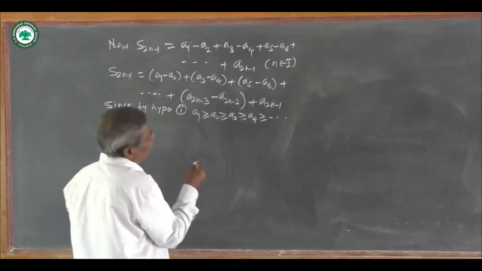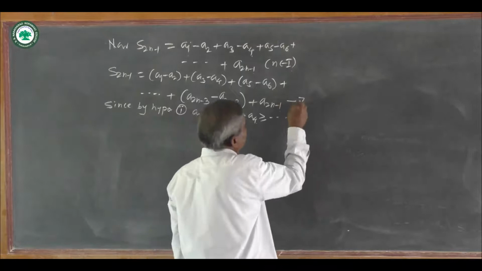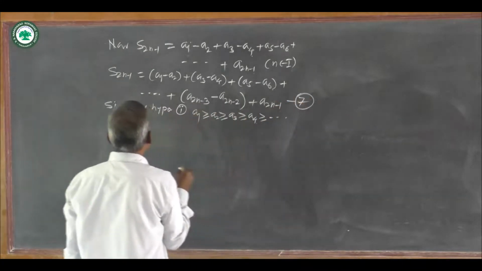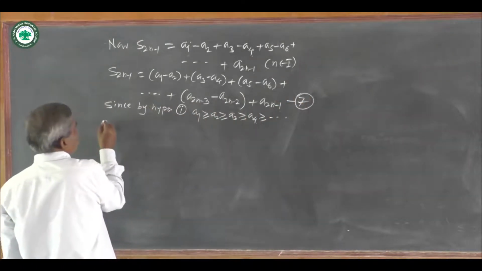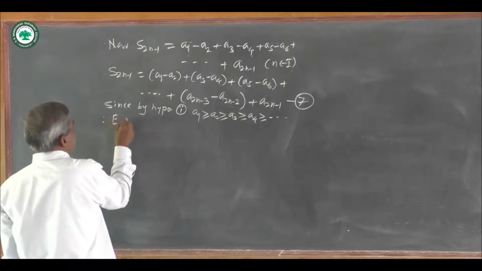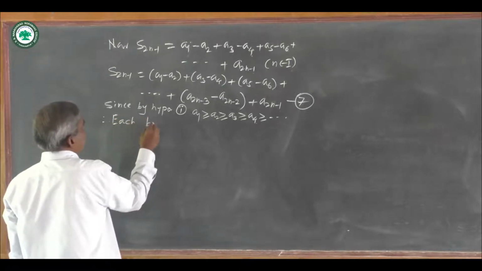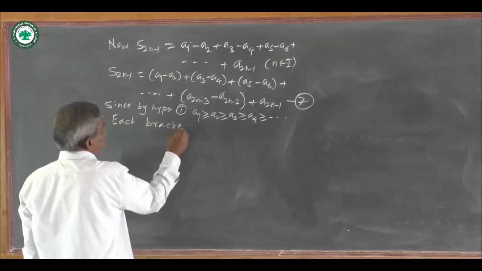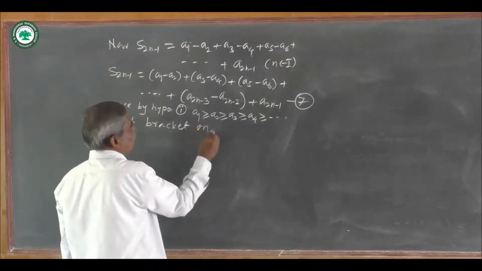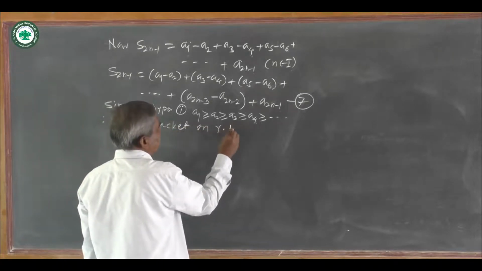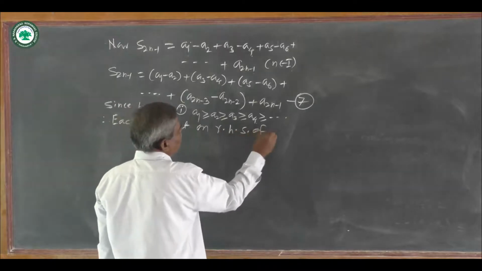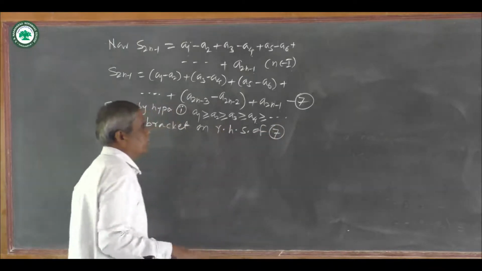Therefore, each bracket on the right hand side of equation 7 is positive.